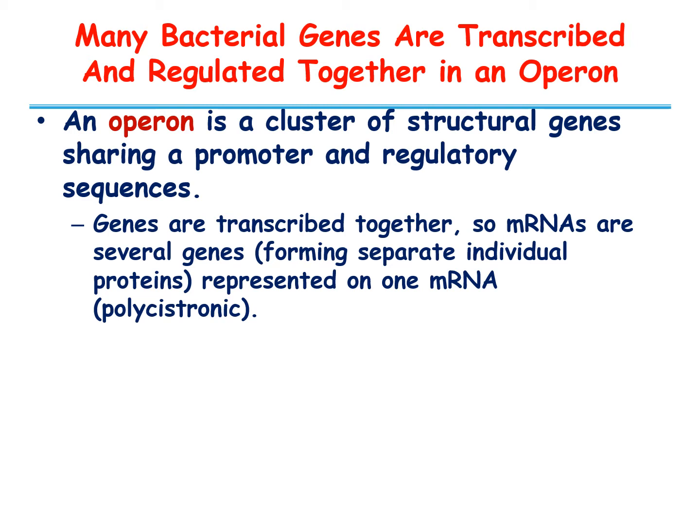A cistron is the segment of the nucleotide sequence which leads to the formation of one particular gene or protein. So the very mechanism of an operon results in the formation of polycistronic mRNA.